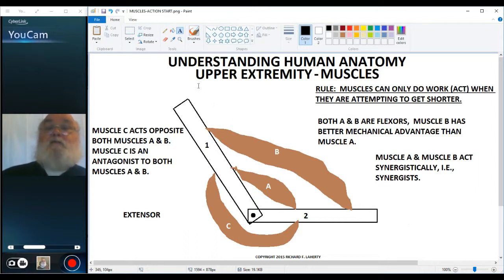We will have what are known as antagonistic pairs.